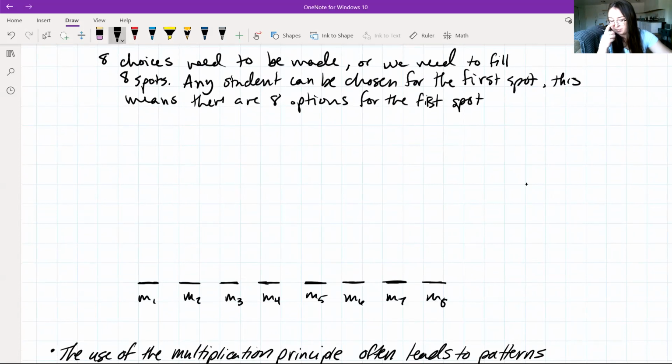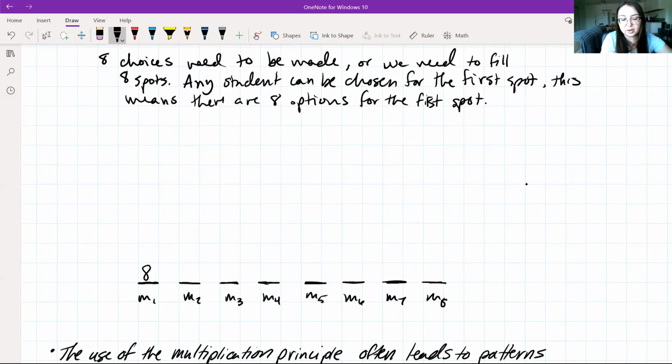So we have our 8 spots. We know each one of these corresponds to a different spot. We know we have 8 choices. And we know that for our very first spot, we can choose from any one of our 8 students. So this means that we have 8 options. So we say for M1, we have 8. Then we'll choose that student and we'll put them there.